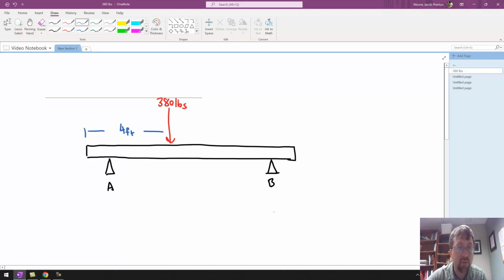All right, so if I get rid of my supports and just draw in the normal forces, I'm looking for F_A and F_B.